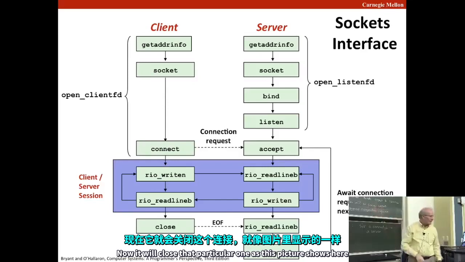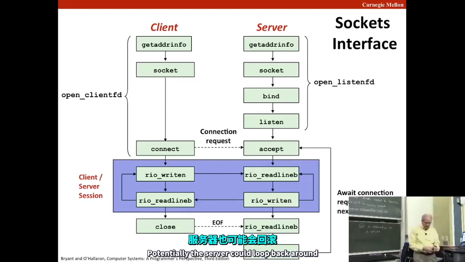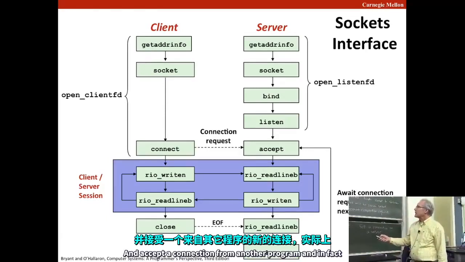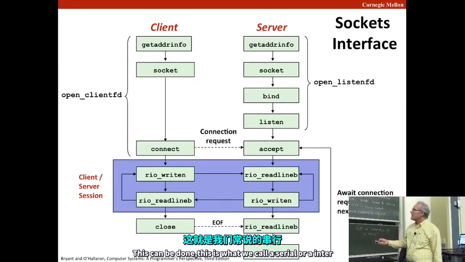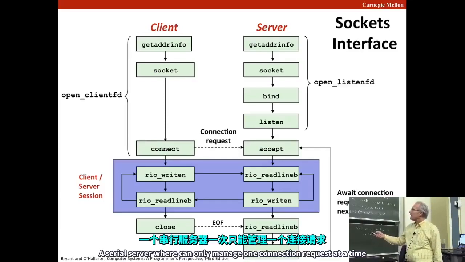And as this picture shows, potentially the server could loop back around and accept a connection from another program. In fact, this is what we call a serial or iterative server, where it can only manage one connection request at a time.